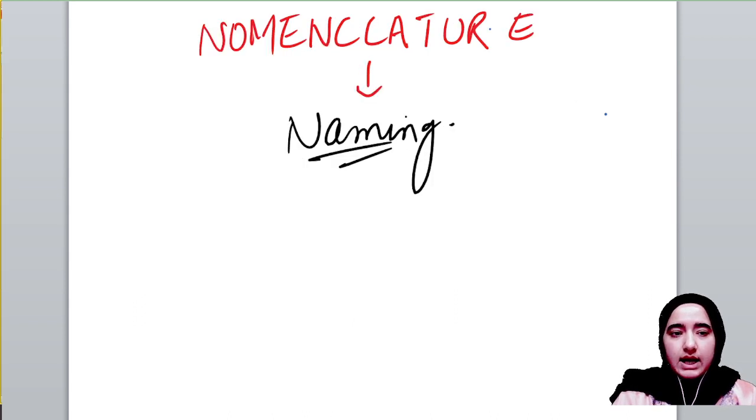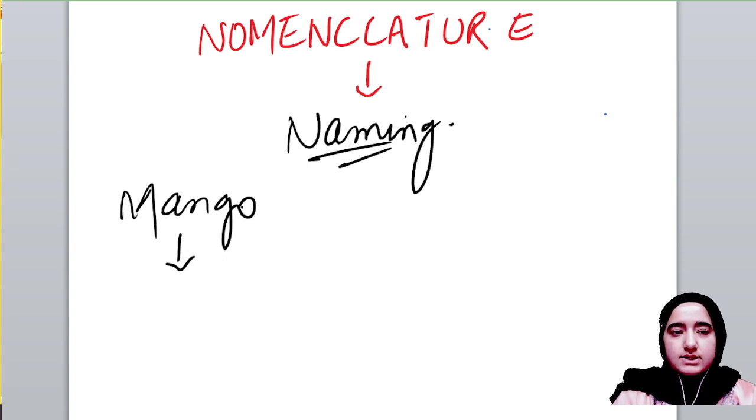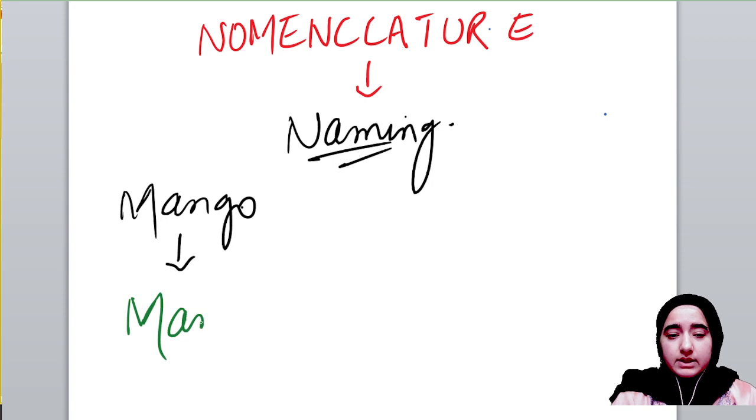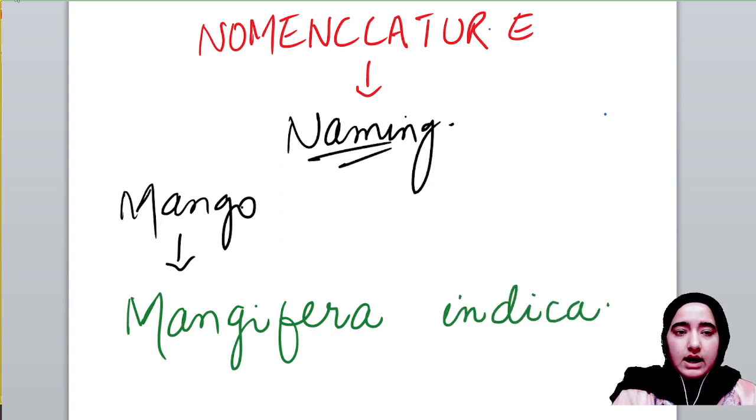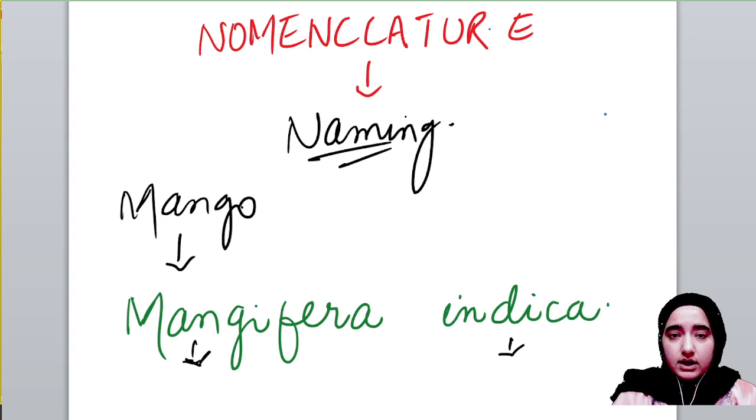Okay, let me give you an example of mango. What is the biological or scientific name of mango? It can come as an MCQ or as a 1 mark question. Please remember, the biological name of mango is Mangifera indica. Now you should be able to tell me what Mangifera is and what indica is.